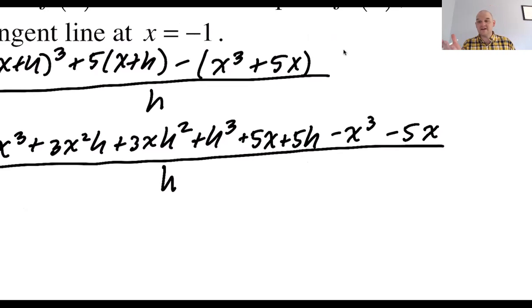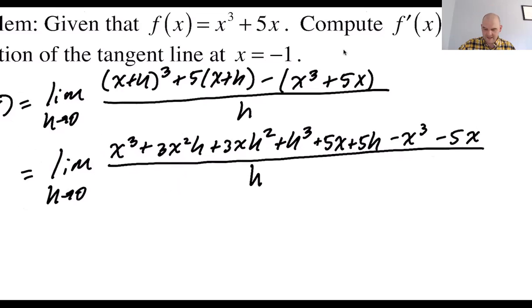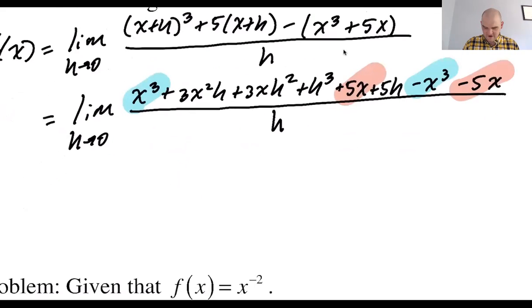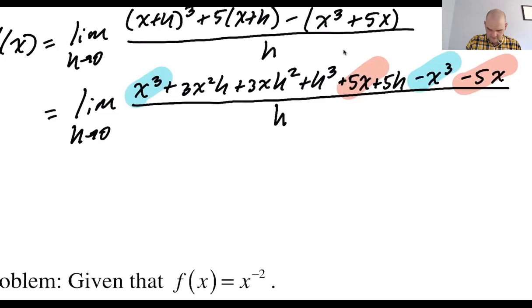So when I was looking at it and telling you that you messed up if you forgot something, I realized that I had messed up because I had a minus 5x and I didn't see anything that I was going to cancel it with. But now I can see I have an x cubed and a minus x cubed. Those are going to be gone. I have 5x minus 5x. Those are going to be gone. So now I know that I did it right, or at least I didn't definitely do it wrong.